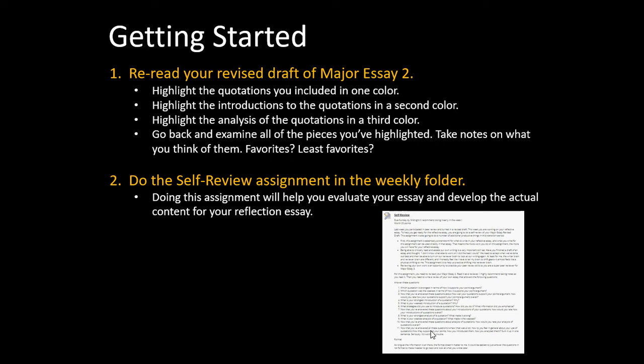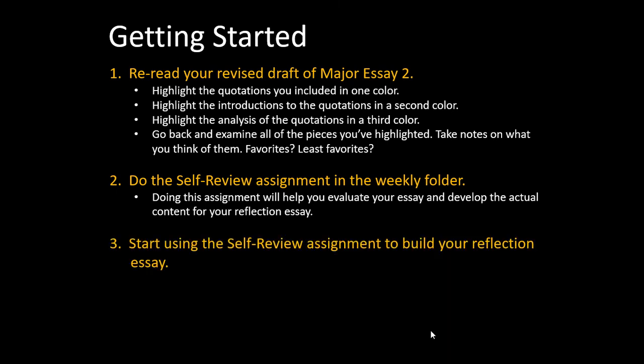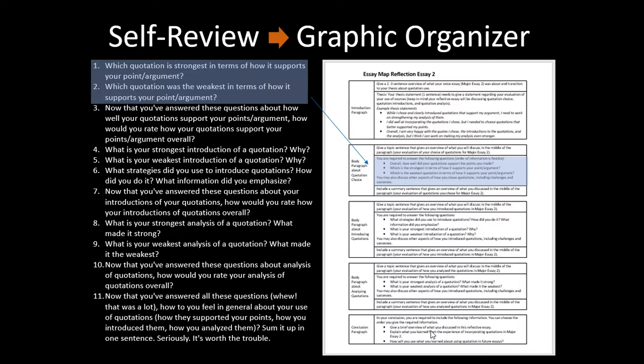The self-review assignment should help you evaluate your essay and develop the actual content for your reflection essay. It's an assignment in the weekly folder in Blackboard. Once you do the self-review assignment, you can use it to build your reflection essay. And this next part of the presentation is about how to use the self-review to build a reflection.